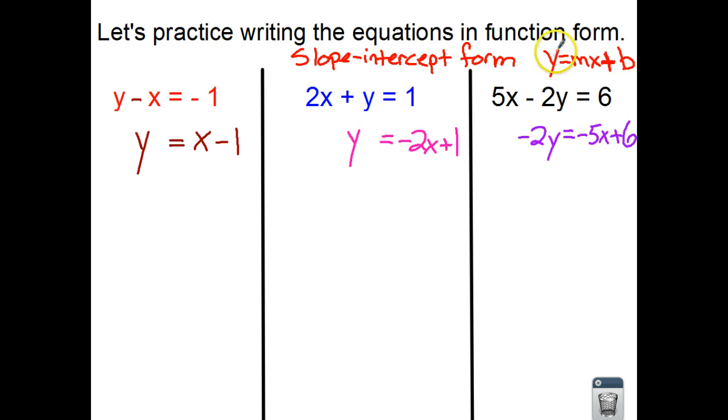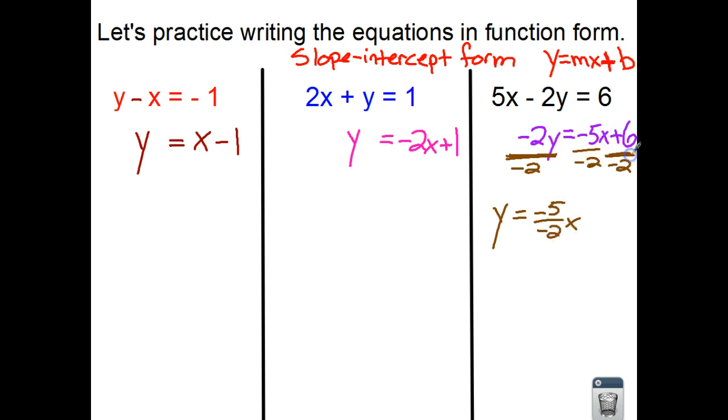And since I need a 1y on the left, and I have a -2 right now, we know to use the inverse operation of multiplication, which is division, and everybody gets divided by that -2. That coefficient that's touching the y, we need to undo that. So now we have y equaling -5 over -2x.